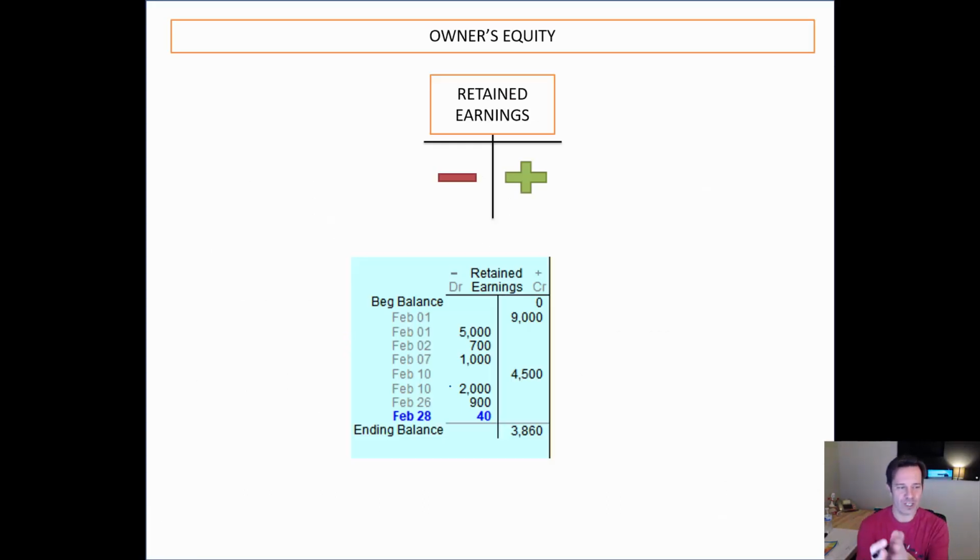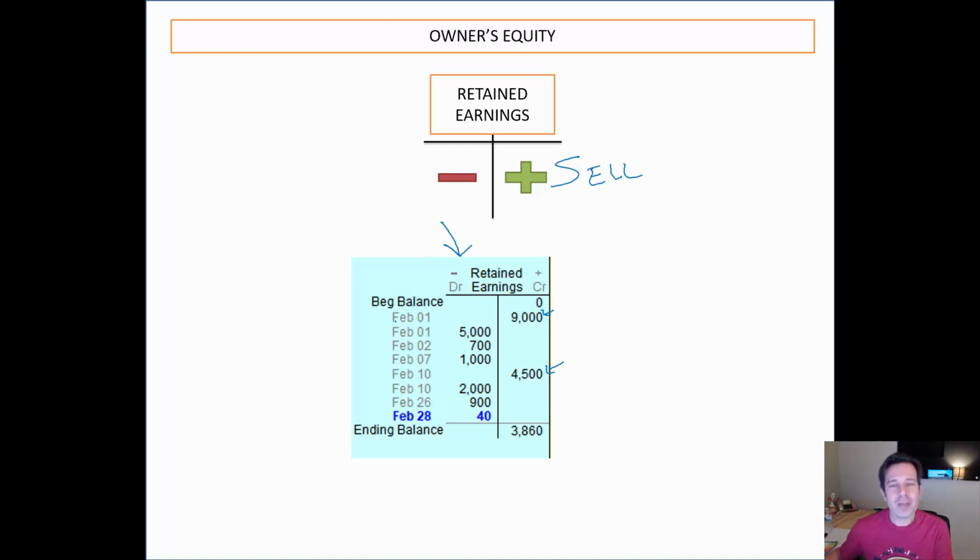Now, chapter 3, the chapter I'm skipping in Solid Footing, has you put all of that stuff into retained earnings directly. So when we sell something, it makes retained earnings go up. And in chapter 3, all your sales are just recorded directly to retained earnings. The flip side of that coin is when we have expenses, retained earnings goes down, because our profits are going down when we have expenses.